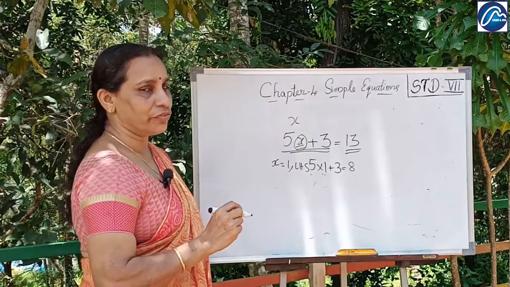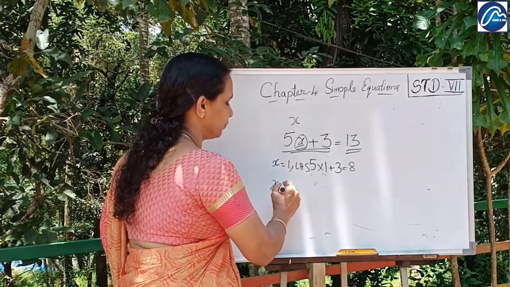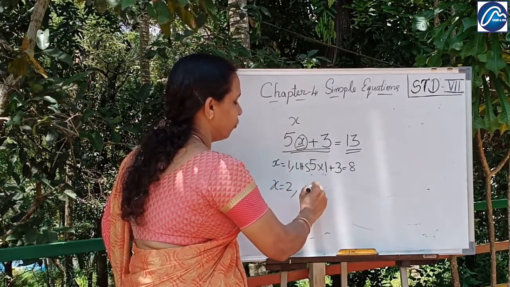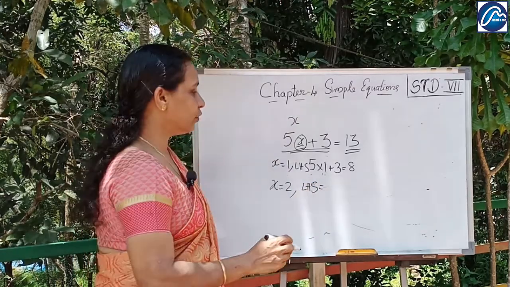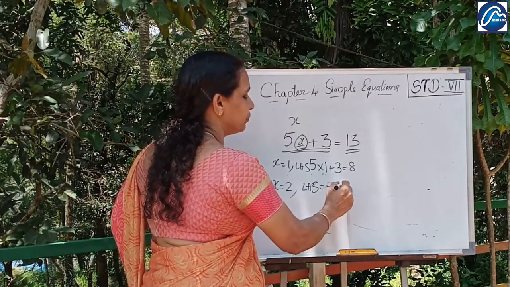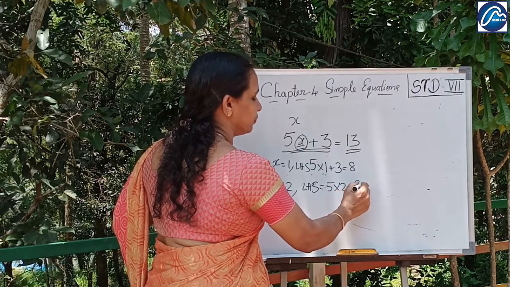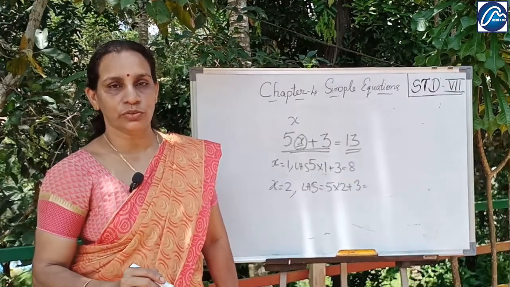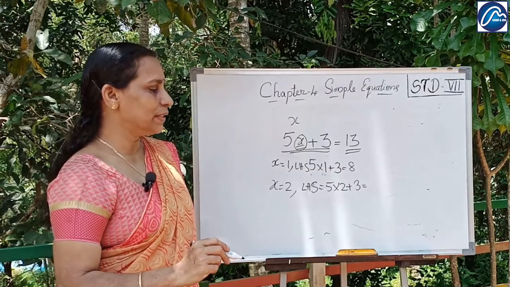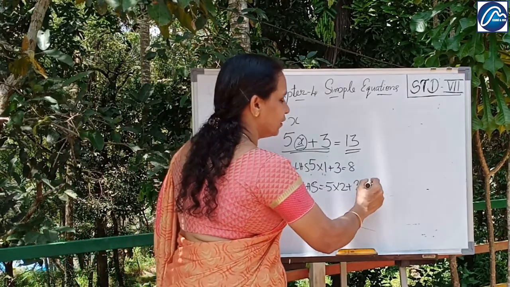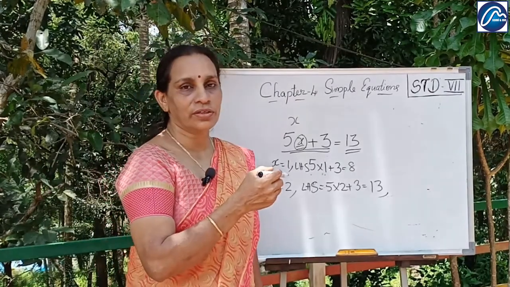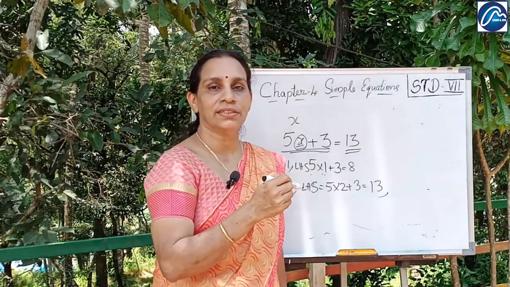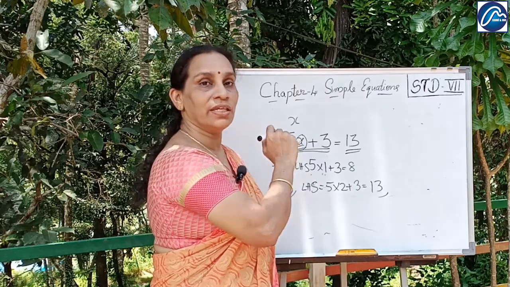So if we give 2, LHS is 5 into 2, 10. 10 plus 3, 13. So it holds, we get the result 13, which has been given in the equation.